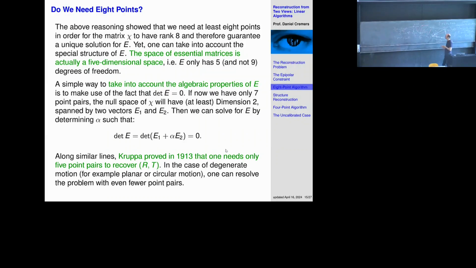But it's an algorithm that is very involved. It uses techniques from advanced mathematics, so-called Gröbner bases, etc., to actually compute the solution. But in principle, this algorithm exists, and given 5 corresponding point pairs, it computes camera motion and 3D structure.